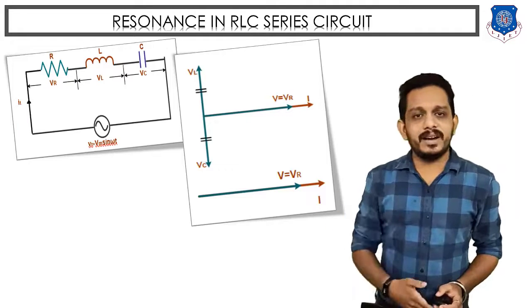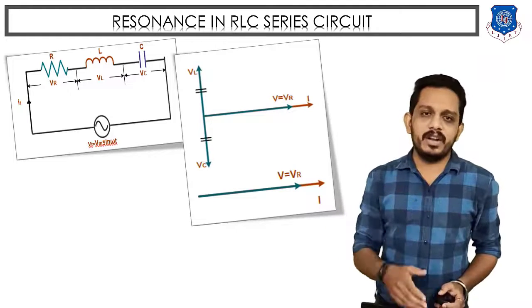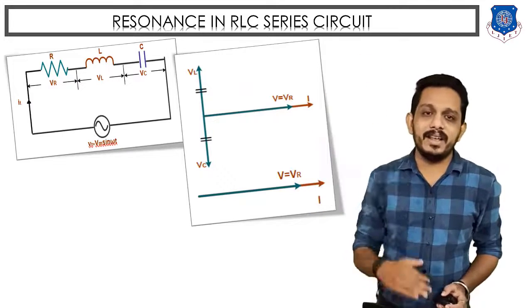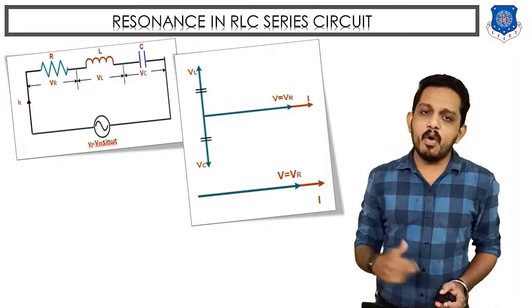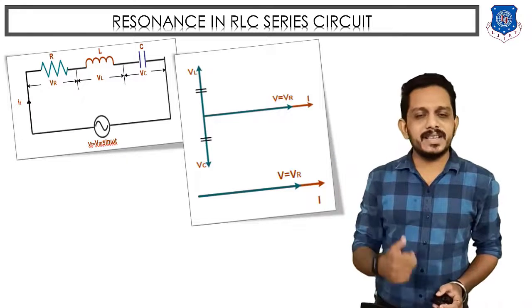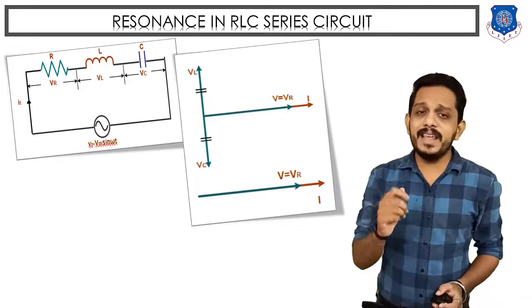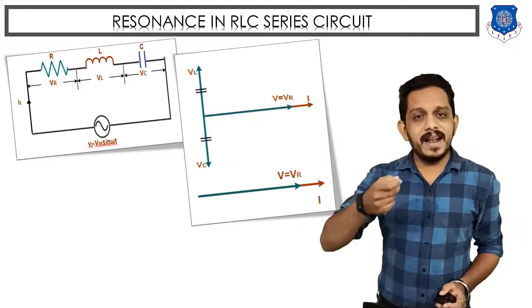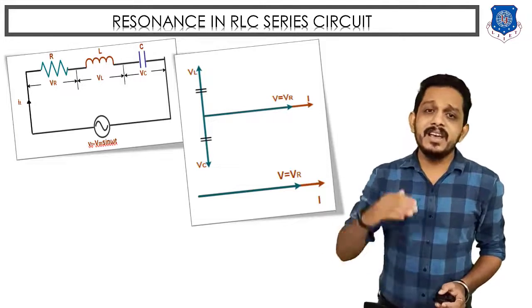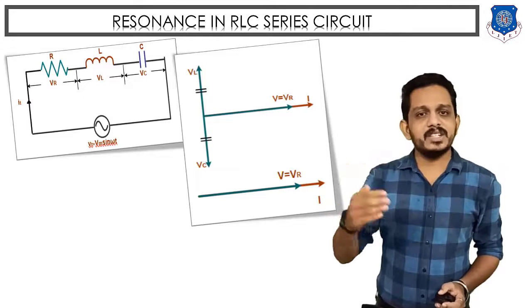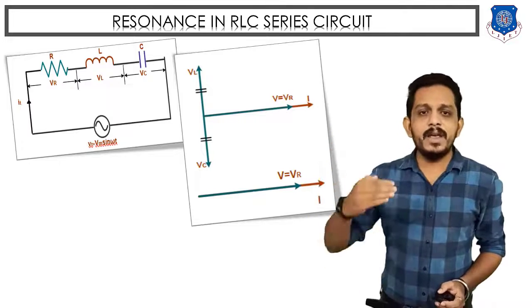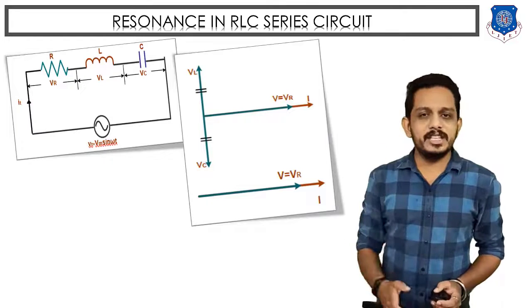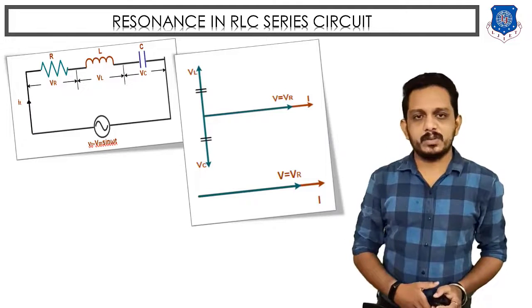In an inductor, current lags behind the voltage by 90 degrees, so voltage leads the current by 90 degrees. So VL will be on the upper side of the phasor diagram. In a capacitor, current leads the voltage and voltage lags behind the current by 90 degrees. So VC, the voltage across the capacitor, will be on the downside of the phasor diagram. We have seen this phasor diagram earlier also.